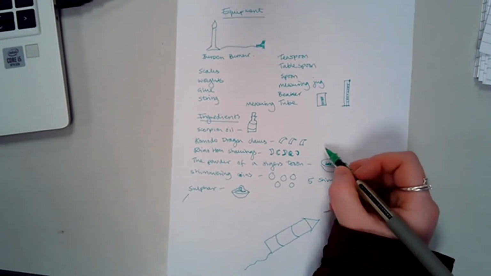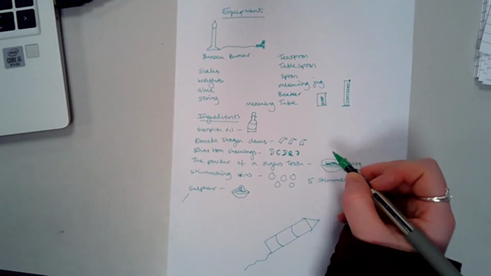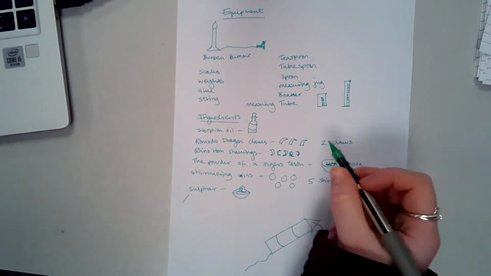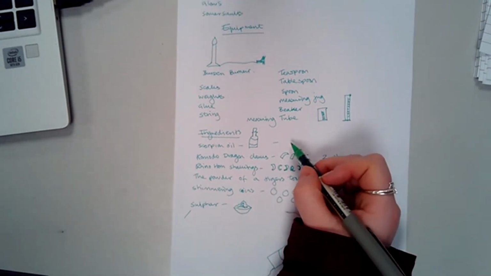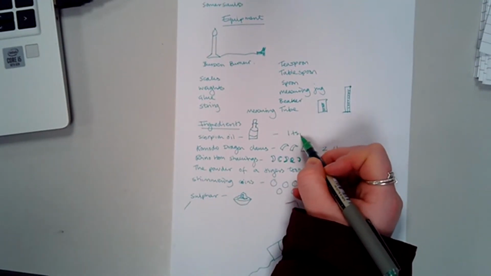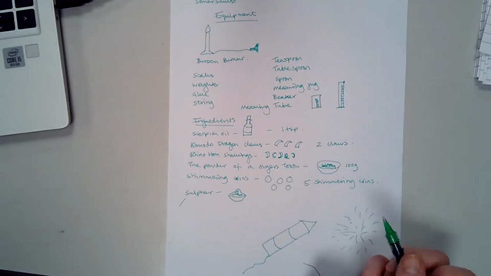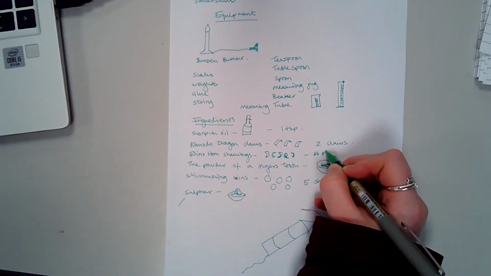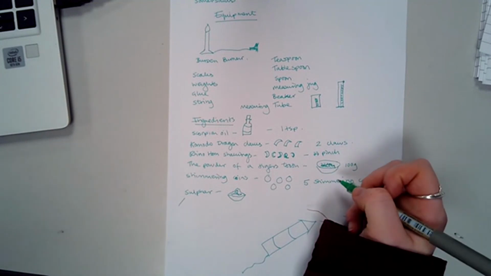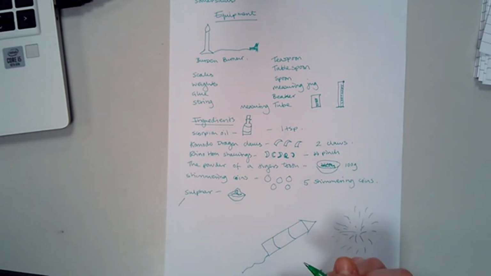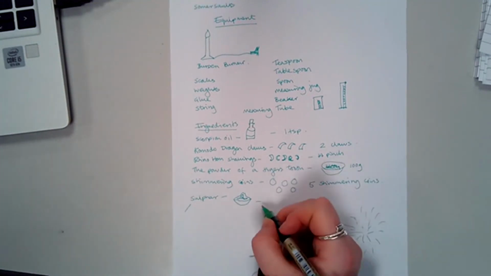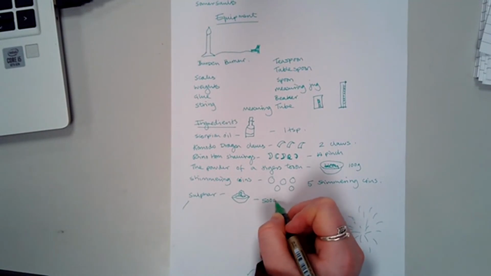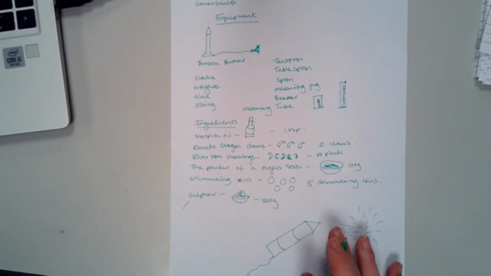I might have 2 claws. I might have 1 teaspoon of my scorpion oil. I might have a pinch of shavings. And here this might be my main ingredient, so it might be like 500 grams sort of thing, okay?